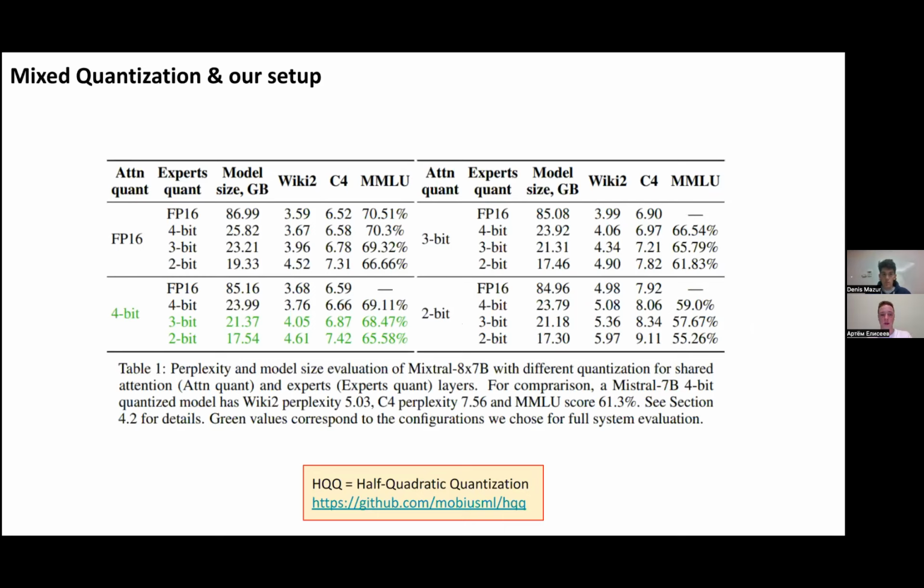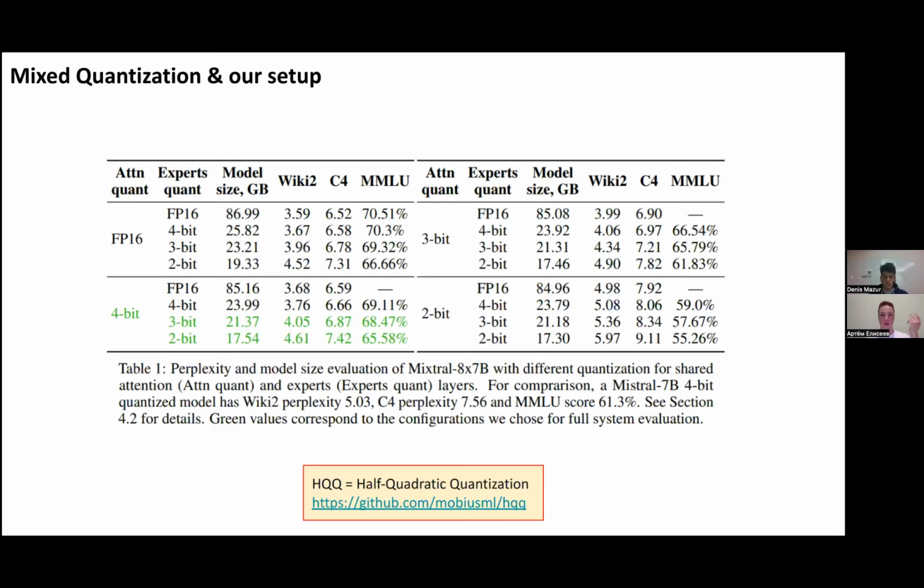For example, we quantized attention and experts in different setups, while keeping the rest of the model, like head and embeddings, in floating point 16. And we found that the best setup is to store attention in 4 bits and experts in 2 or 3 bits.